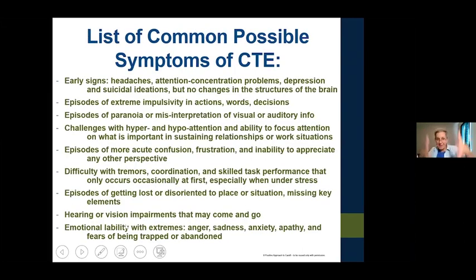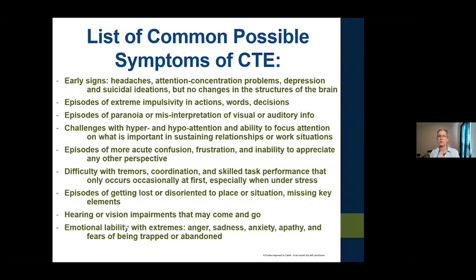So I have provided in this laundry list sort of the full listing of what are some of the early signs: headaches, attention concentration, depression and suicide thoughts, but no changes in the structures of the brain. If you have FTD, you might start to see some structural shifts. In this one, you won't necessarily see that.